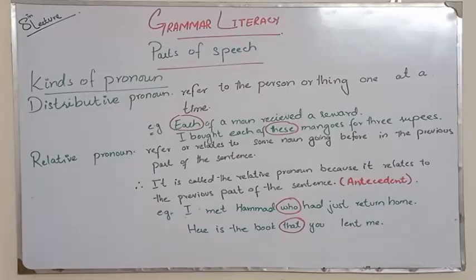It is also called the antecedent in the language of linguistics. So basically it is the antecedent because it is going to refer back to some kind of noun in the previous part of the sentence. It is called the relative pronoun because it relates to the previous part of some sentence, but specifically it relates to the noun.